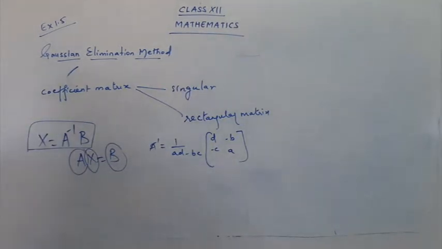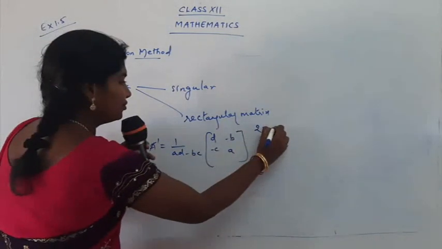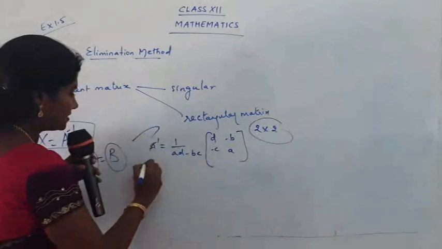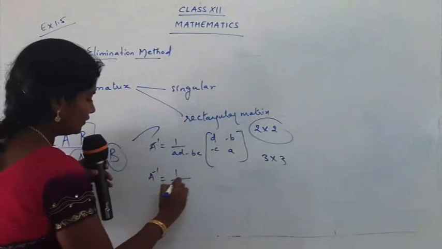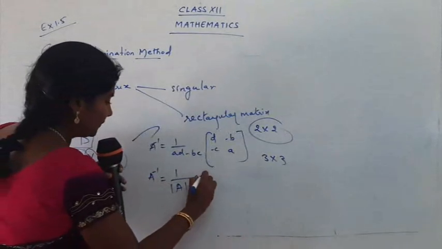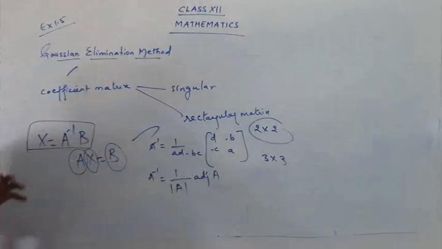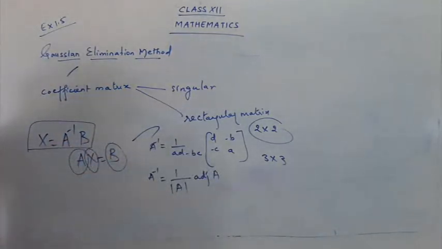Yes, children? And if it is a 3 by 3 matrix, what was the formula used for A inverse? If it's a 2 by 2, you can use directly the earlier formula. And if it is for 3 by 3, you have to use this formula: A inverse is 1 upon determinant of A times adjoint A. So whenever you start a new exercise, just recap, because every exercise has a link from the previous exercise.